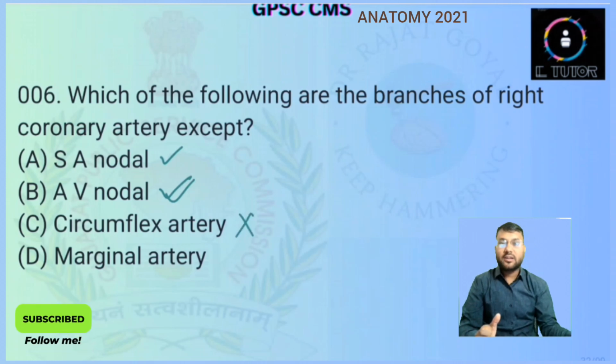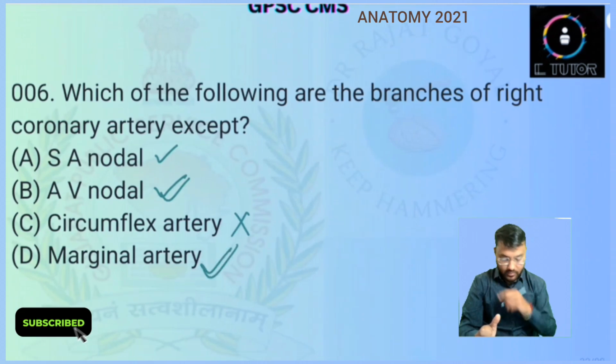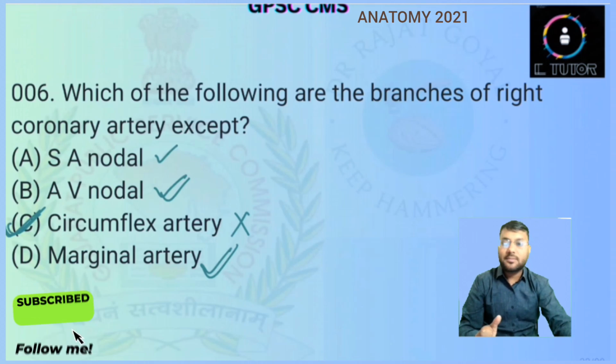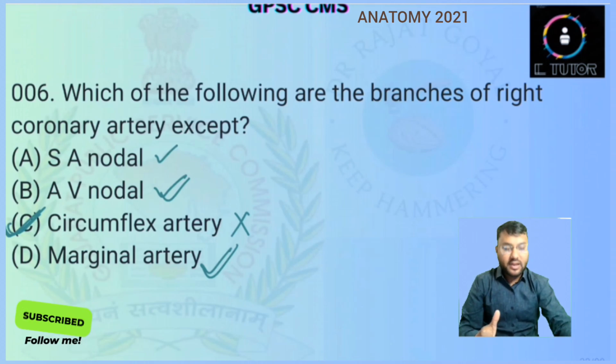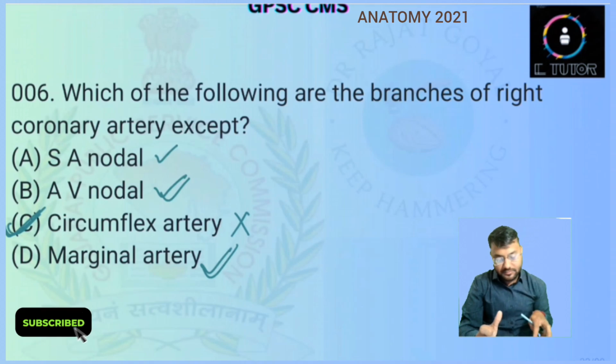Marginal artery is again a branch of the right coronary artery. So the answer is option C, circumflex artery. The left coronary artery also has the left anterior descending artery, or anterior interventricular artery, and these are the two branches of the left coronary artery.